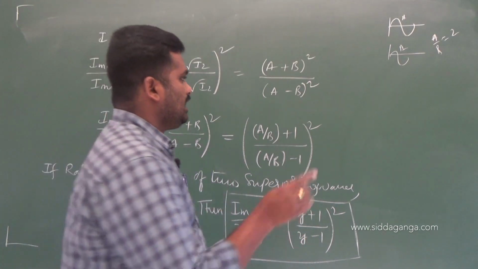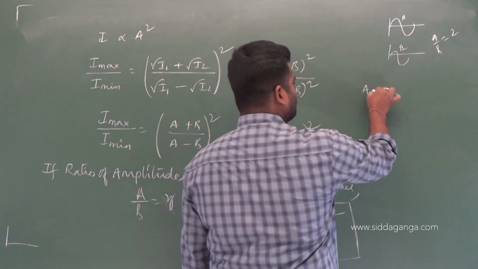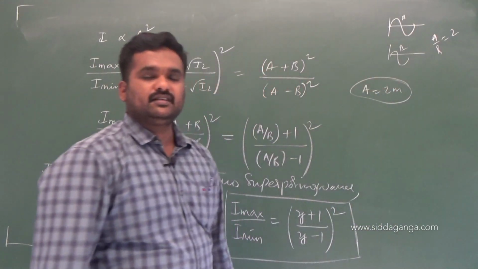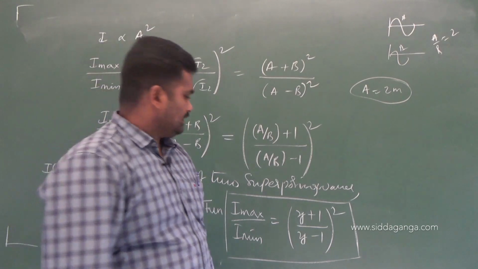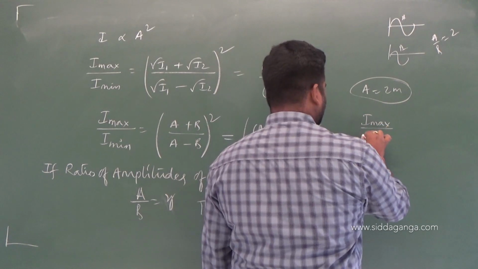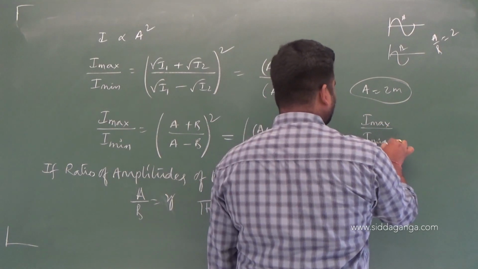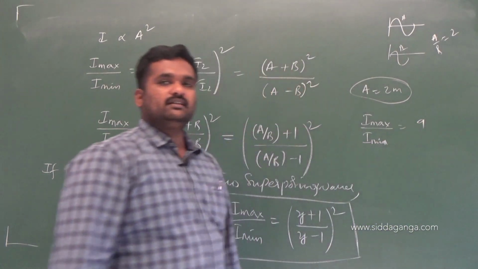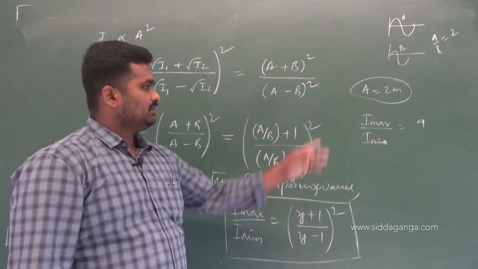They are given that the amplitude of one of the waves is A equals 2 meters, and the ratio of maximum to minimum intensity, I maximum by I minimum, is 9.